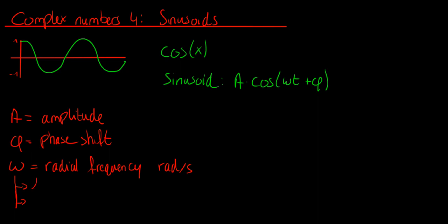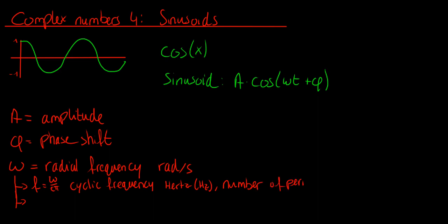For example, we can calculate the cyclic frequency with omega divided by 2 pi. This is your cyclic frequency, with as unit hertz. And hertz just says the number of periods in 1 second.